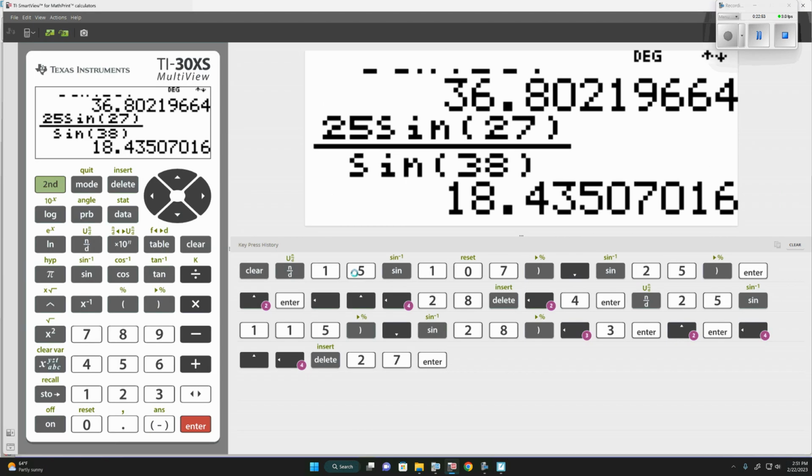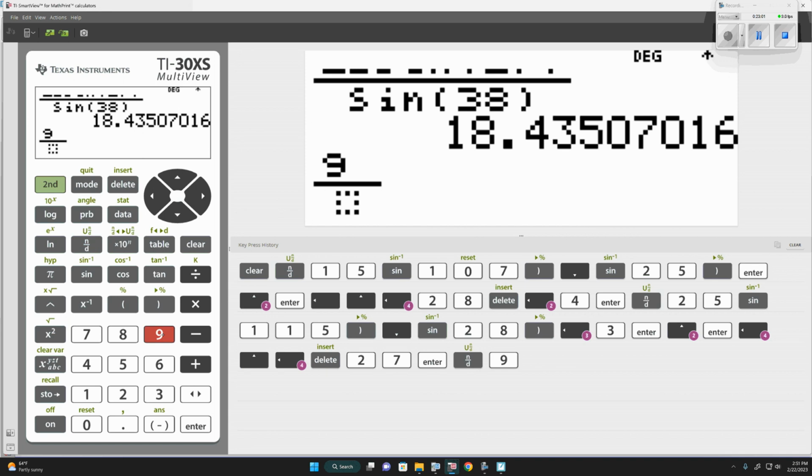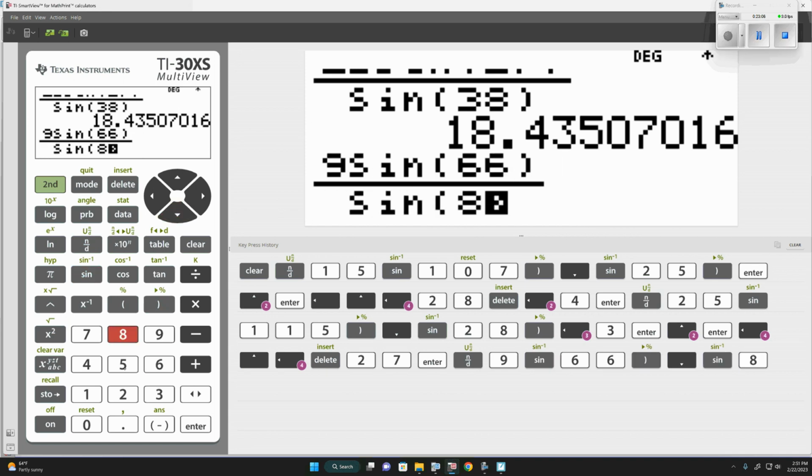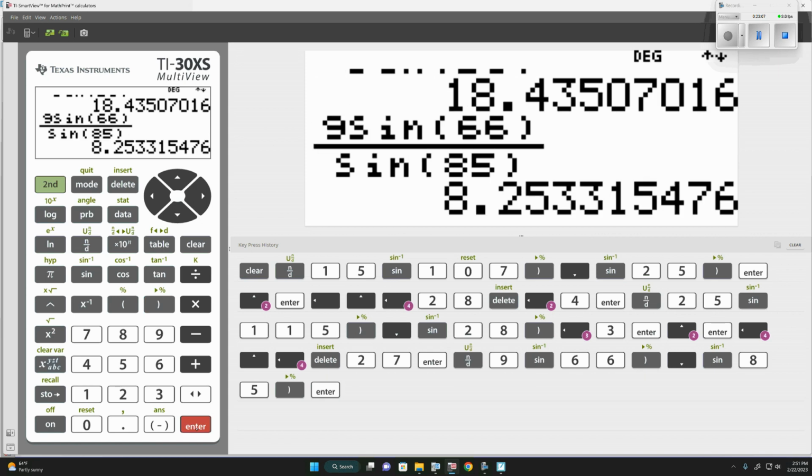And again, we can plug it in the calculator. Nine sine of 66 over sine of 85 is about 8.3. So I would take 8.3, I would take 8.25.